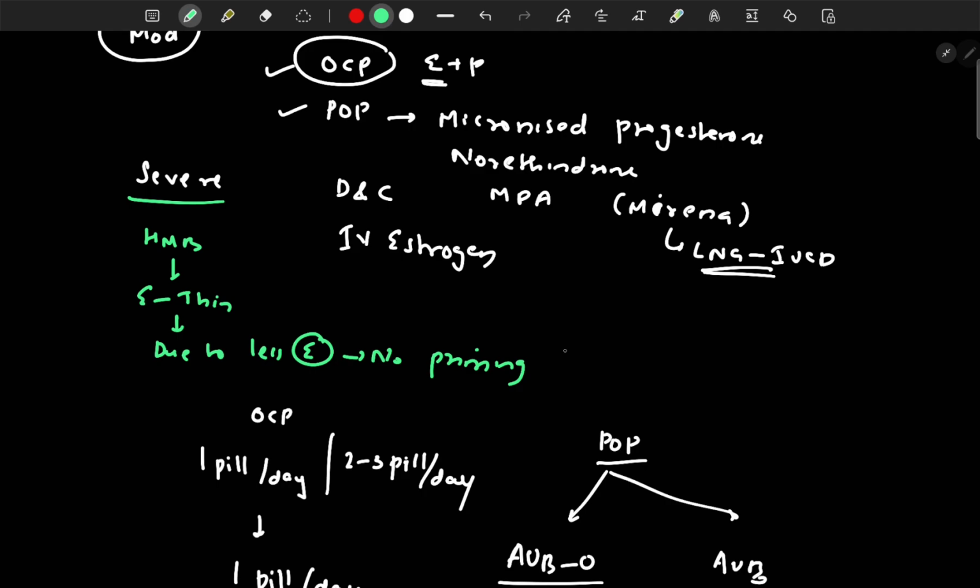So there is no use in starting only progesterone in heavy menstrual bleeding. If a patient comes with heavy menstrual bleeding, we will look at the vitals. The vitals can be unstable, and they can be stable in some patients.